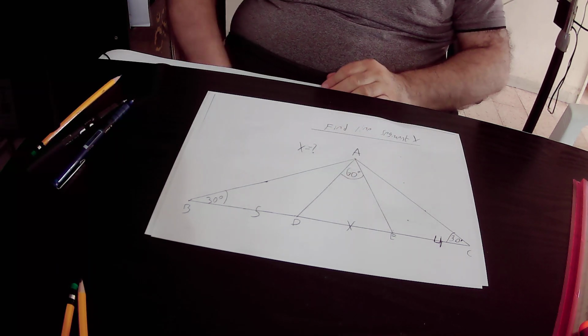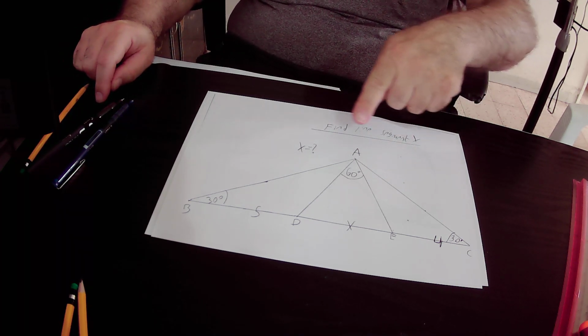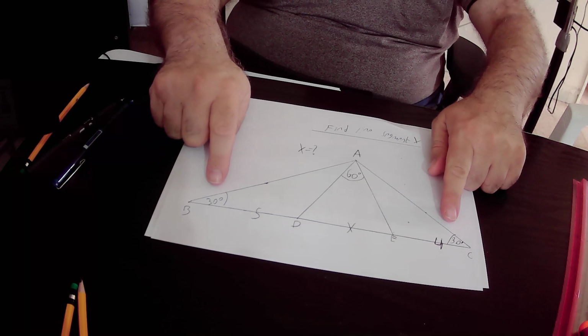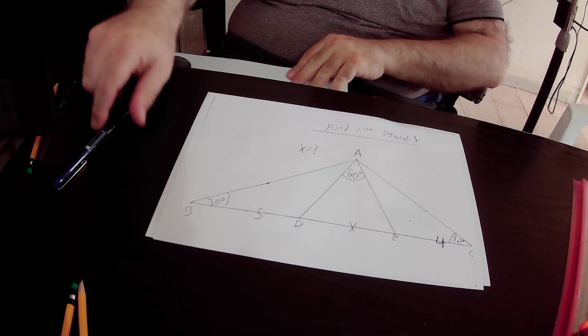Okay, so first of all, we'll focus on triangle ABC. In triangle ABC, we have two angles that are equal to each other. So I'll write it down.